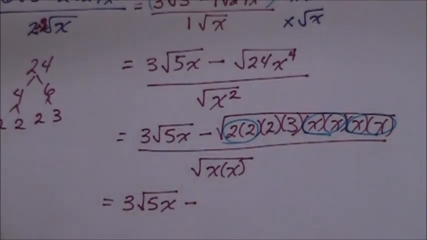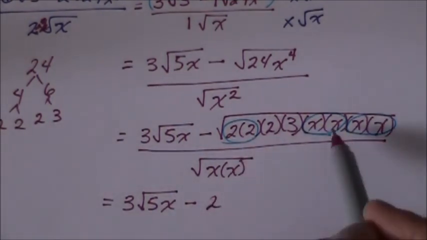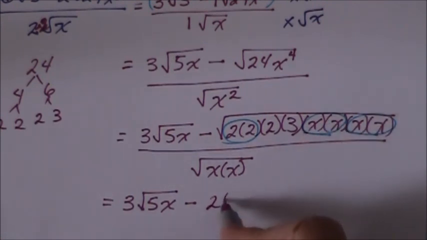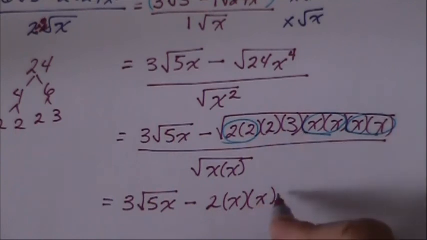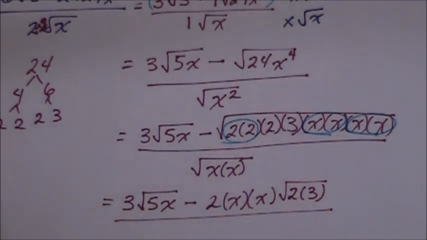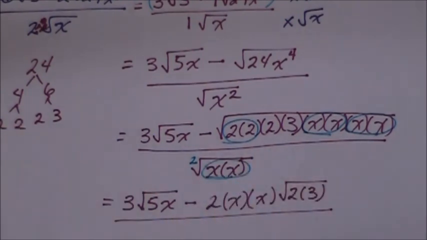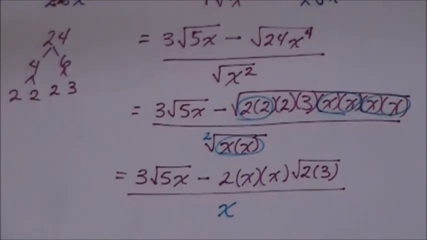So that as we go to deal with this, these 2's come out, become a single 2 on the outside. These 2 become a single x. Those 2 become a single x. And underneath my radical sign, I have 2 times 3. In the denominator, again, index is 2, so 2 of the same. These guys get to move out. And there is nobody left under the radical sign.